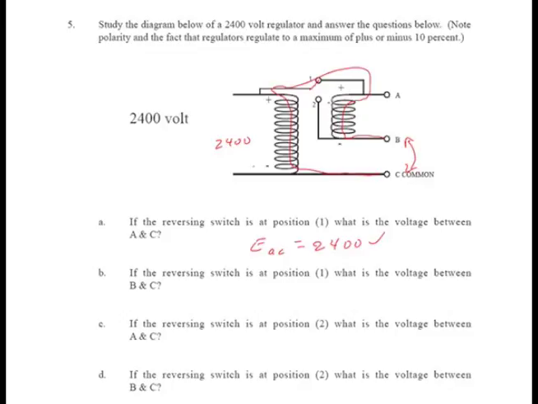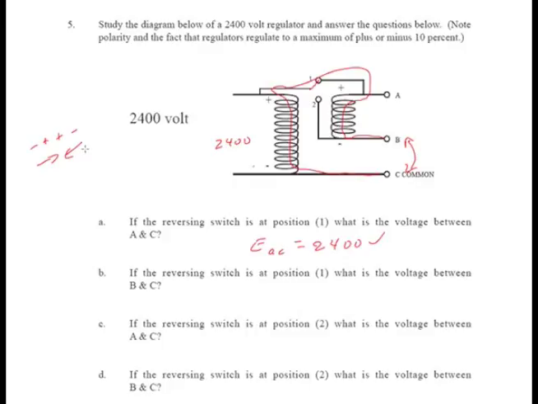Now, we need to know, are these connected series aiding or series opposing? Like I said before, we go through minus to plus, and then plus to minus. Minus to plus, and then plus to minus. So that means these 2 voltages are series opposing.